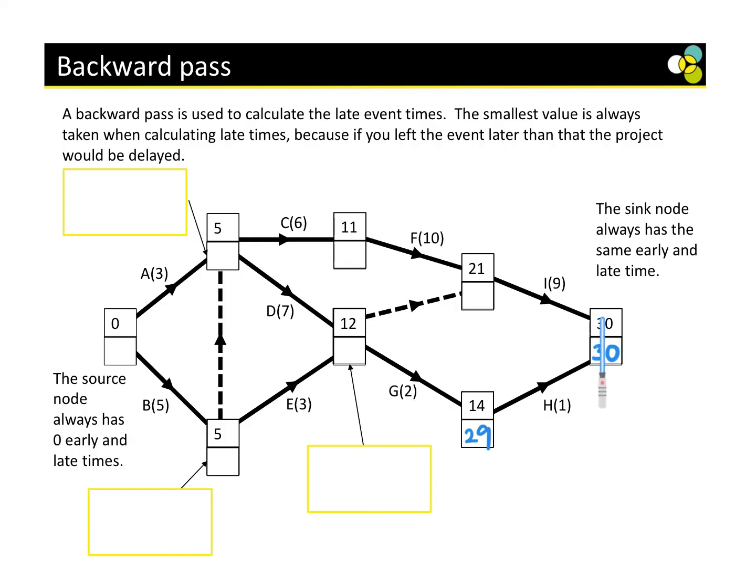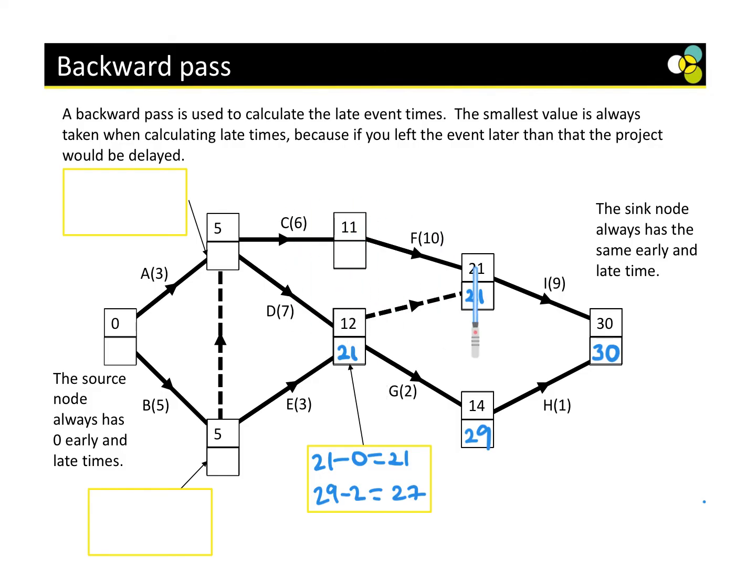From 30, if I go back 9, what do I get? 21. Now for this one here, I can either do 21 minus 0, which is 21, or 29 minus 2, which is 27. Which is my lowest one? 21. So that's how I get 21, because that's the smallest.